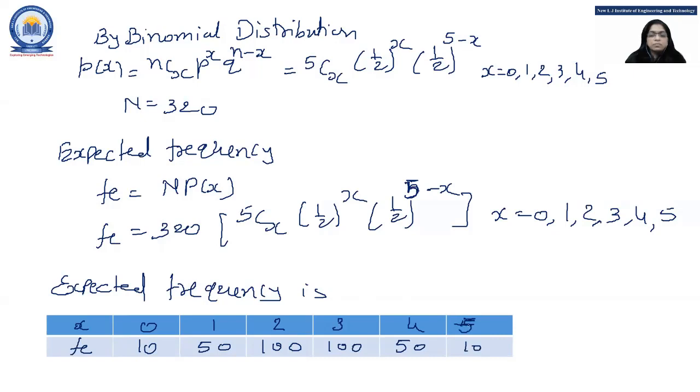Okay, so this is our expected frequency.